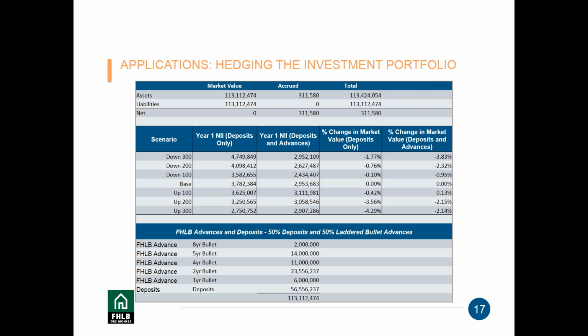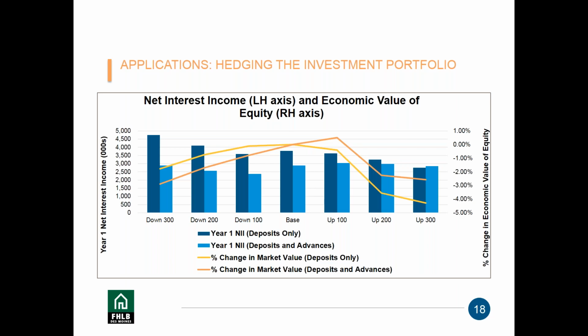So graphically, you can see the impact of the advantage to portfolio market value of a blended symmetrical advance approach under rising rates. The dark line that you see here, the darker orange line, represents the blending.